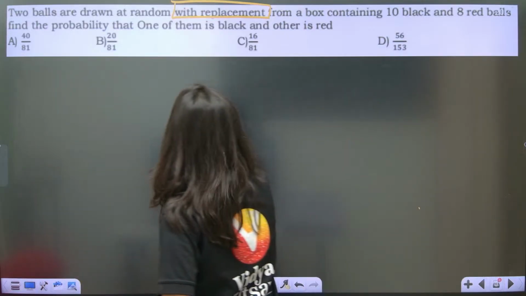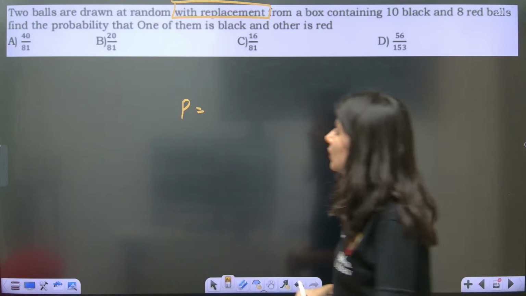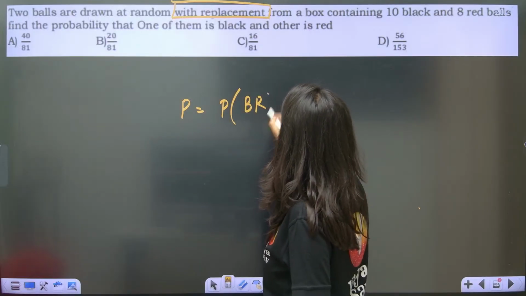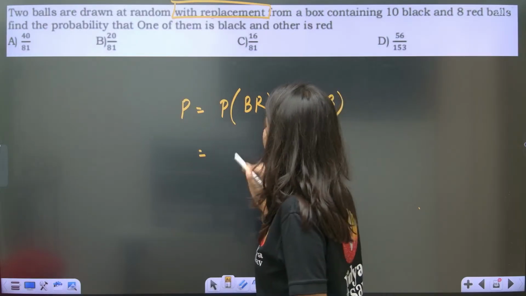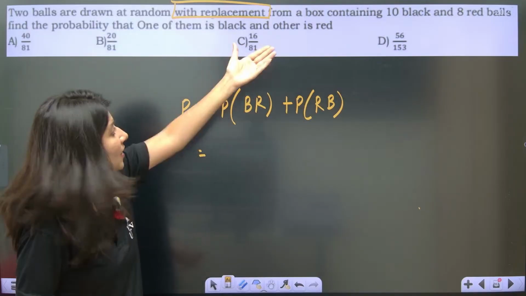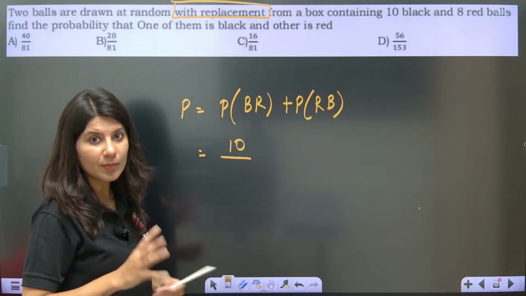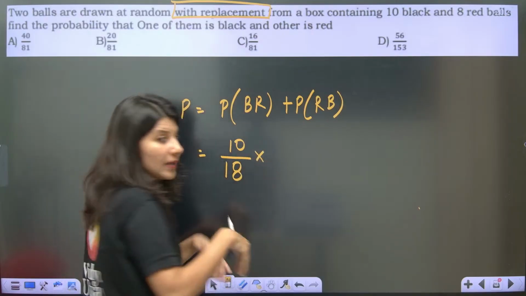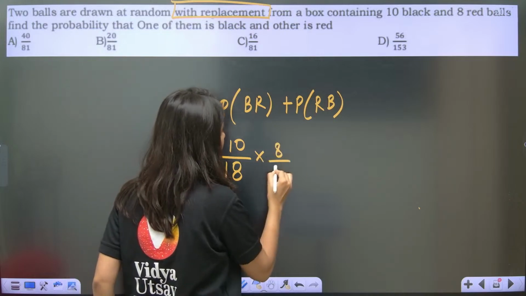Okay. So probability of getting one black and other red will be probability of getting first ball black, second red, plus probability of getting first ball red, second black. So now tell me, probability of first ball being black. So 10 black you are having. So 10 upon what do you want? First ball being black. So total 18. So 10 by 18. Now you are keeping it back and you want red ball now. 8 options I am having upon 18.